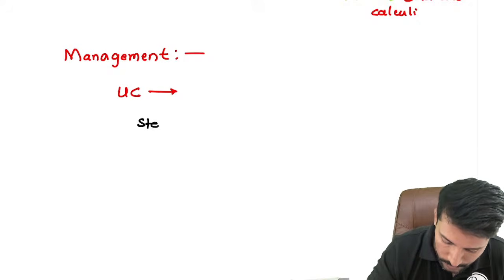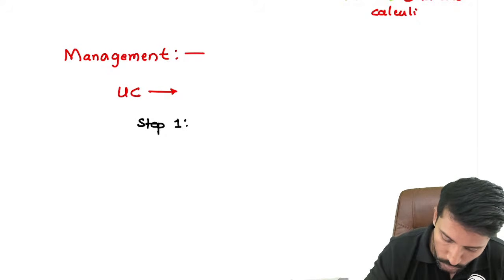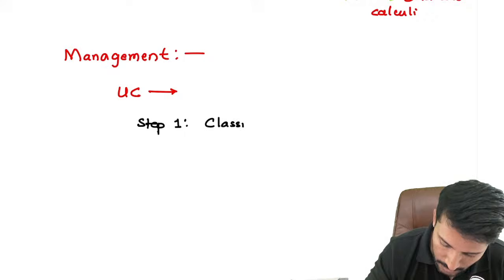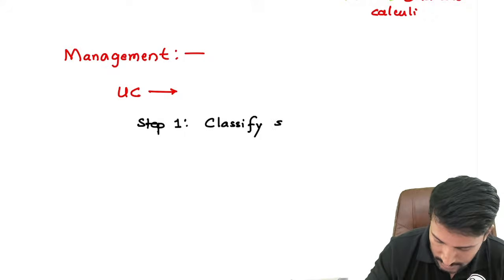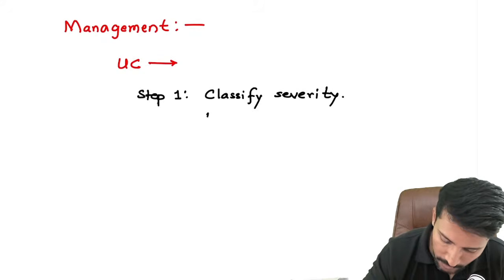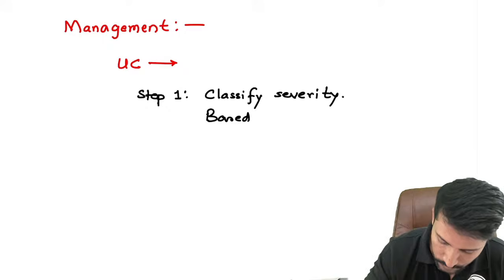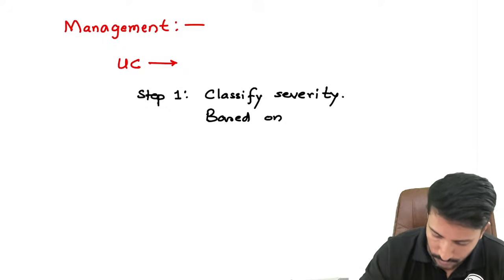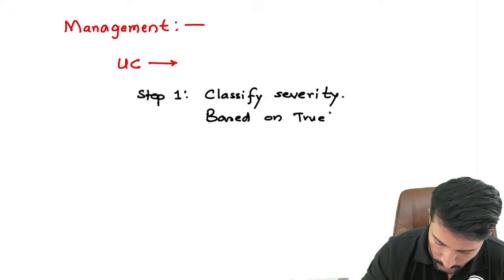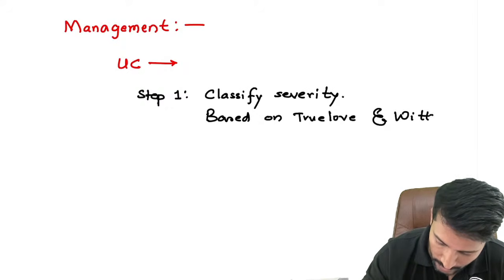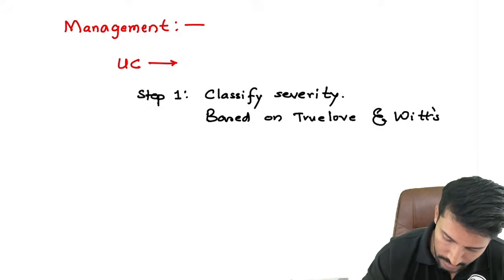So step one is to classify severity. So how do I classify severity? It will be based on Truelove and Witts criteria.